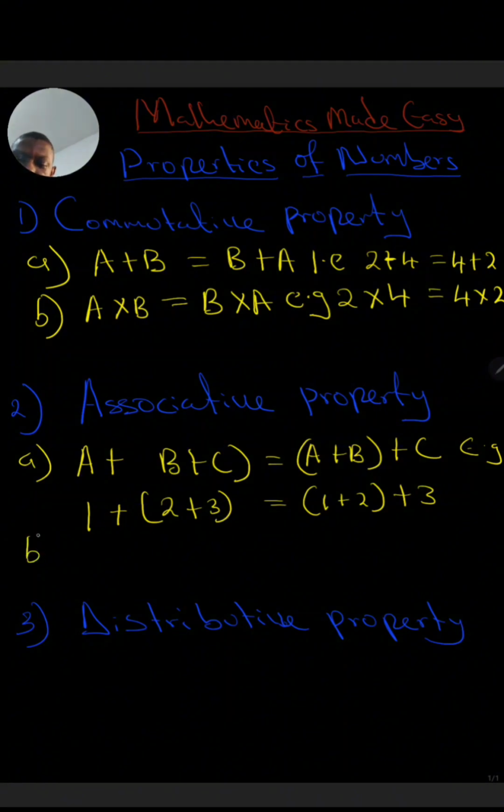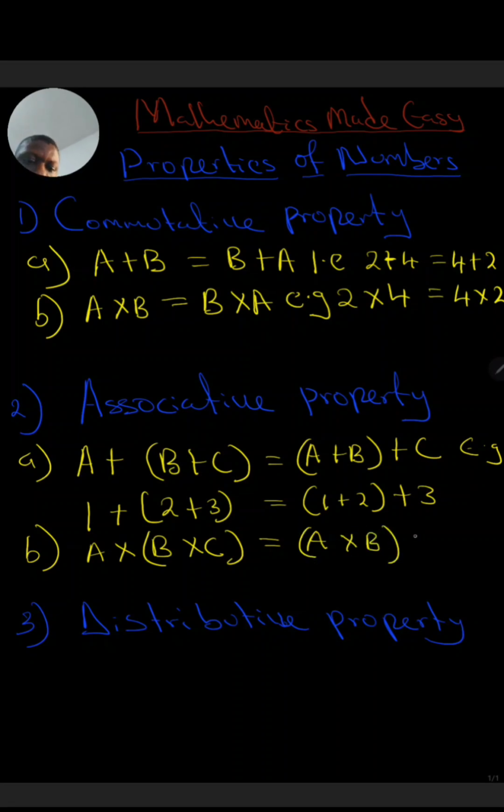Another aspect of it is A times, remember that there's a bracket here, B times C. It is also equal to, in brackets, A times B, times C. Remember, this is the multiplication aspect of it, and the first one we did was the addition aspect.